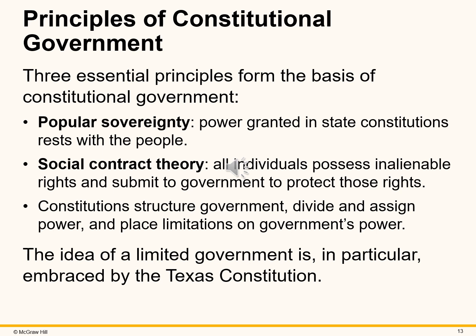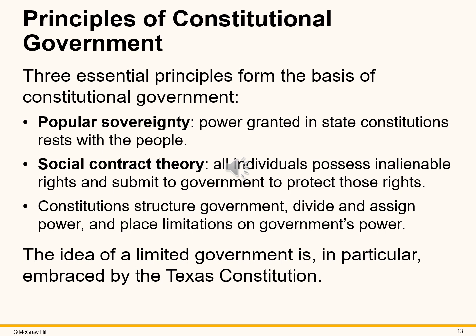Principles of constitutional government. Three essential principles form the basis of constitutional government. 1. Popular sovereignty. This is power granted in state constitutions that rests with the people. 2.